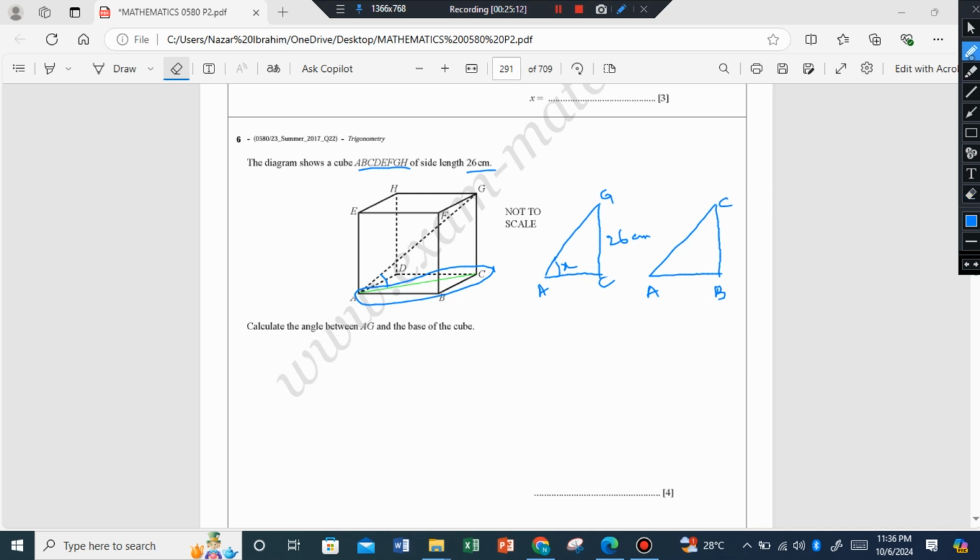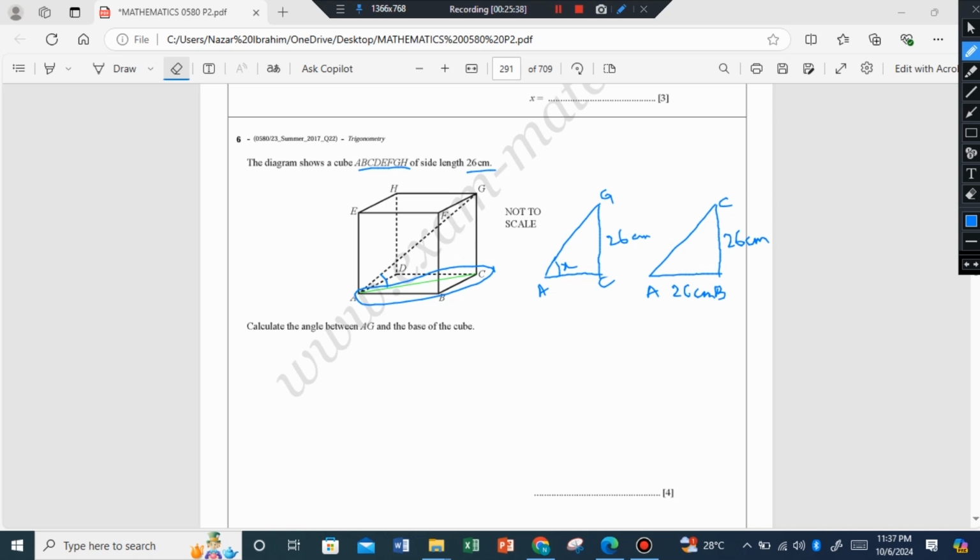Okay, so AC. What I know in this triangle, AB is 26 centimeter and BC is also 26 centimeter because it's a cube, right? Cube means all sides are the same. So I can calculate AC by using the Pythagoras theorem, right?